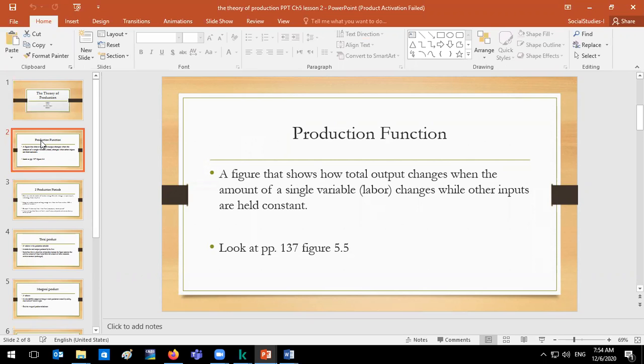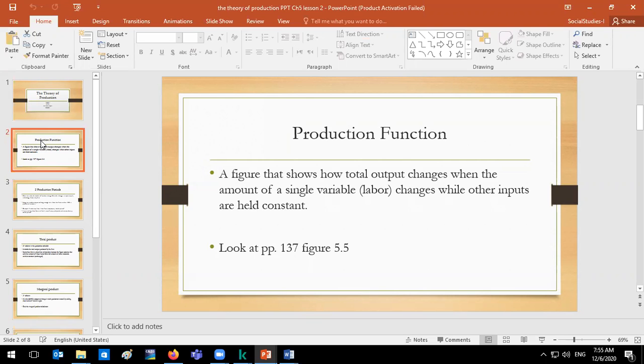Remember, the production function focuses on the only factor that is changing, which is labor, while all other inputs are held constant. Being held constant means we're not changing them; they are the same.